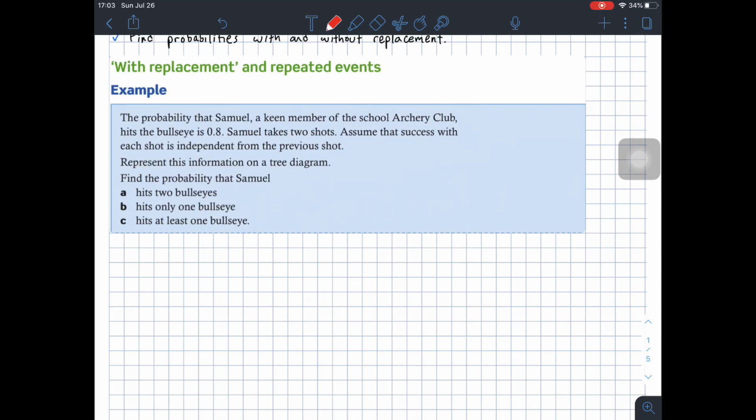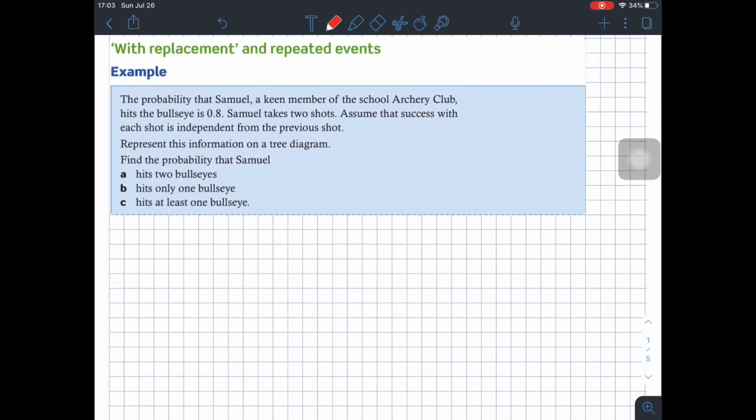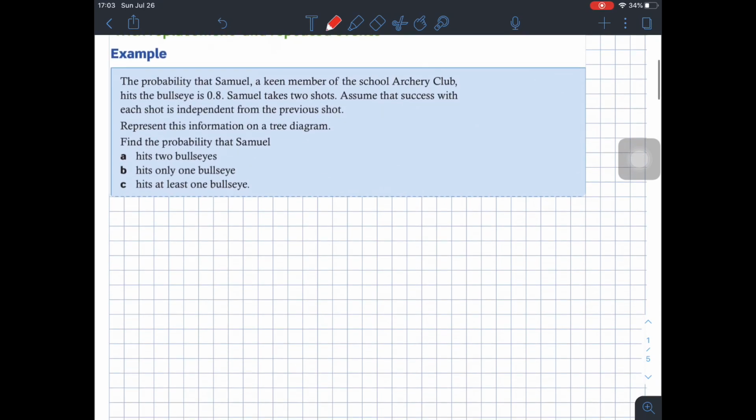In a real life scenario, maybe this second shot's probability may be altered by the result of the first shot, right? But for this particular example, we're going to assume that they are completely independent events.